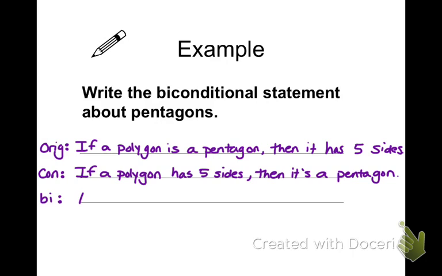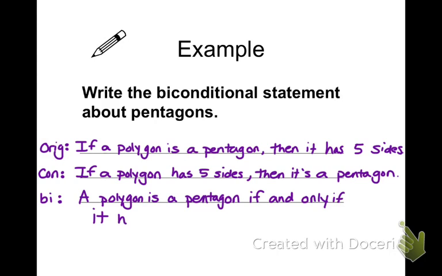So I'm going to write a polygon is a pentagon if and only if it has 5 sides. Okay? So, biconditional. You take out the words if and then.